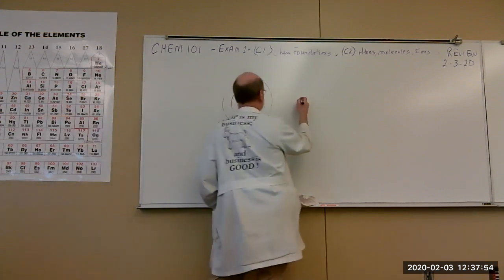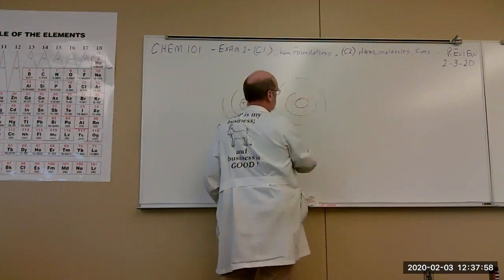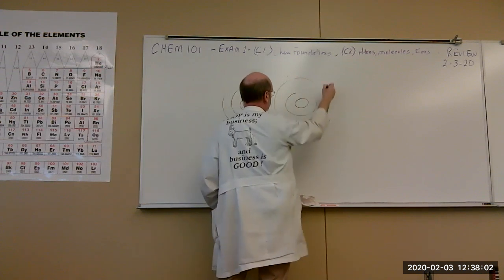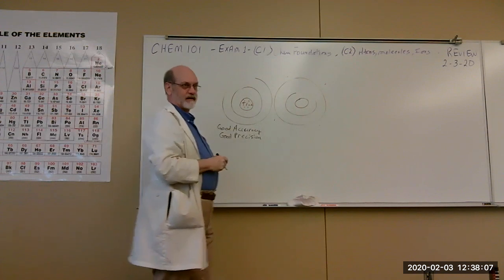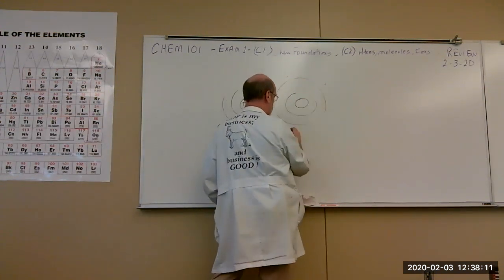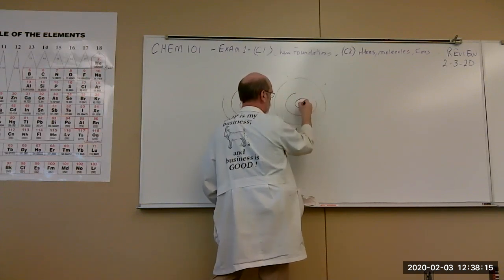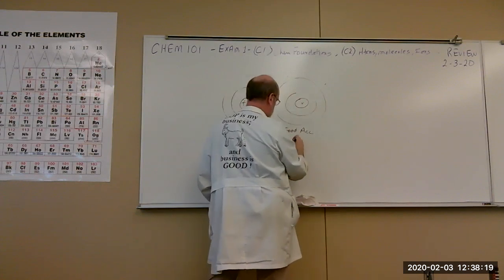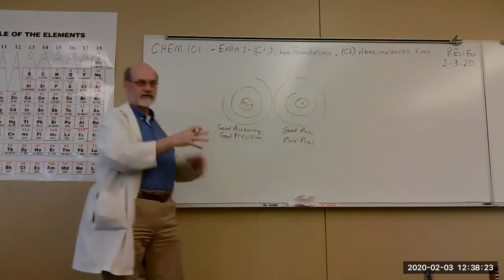If we had another one, say, here's your bullseye. Say we had that. Technically that is good accuracy, because the average of those four is right here. But poor precision, because they're spread way apart.